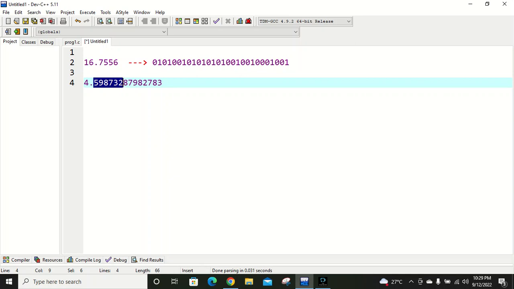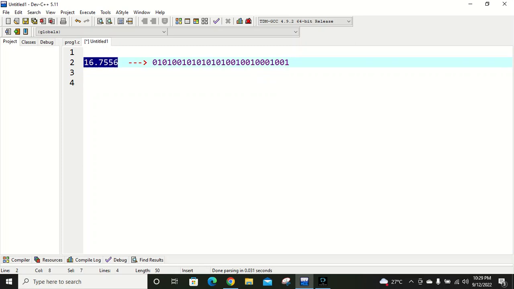That we call single precision, 4 bytes. Double precision is 8 bytes, and with 8 bytes you can represent the number up to 15 decimal places. Up to 15 decimal places we can say the number is correct.